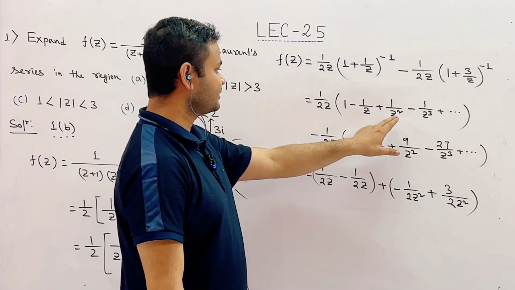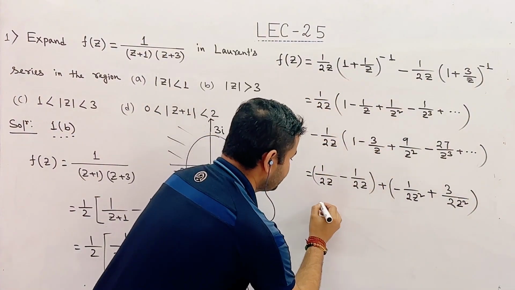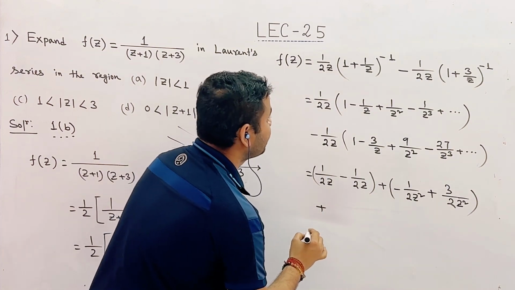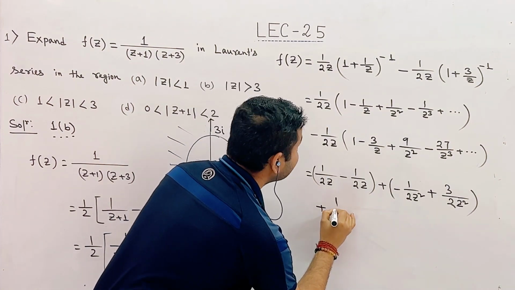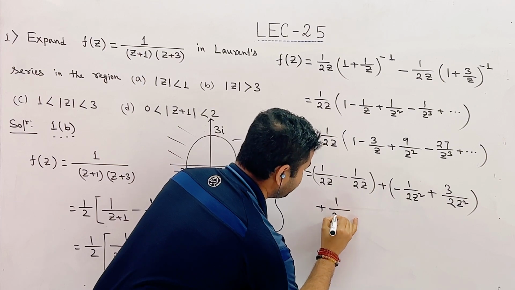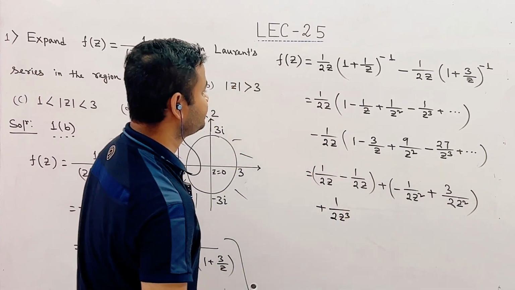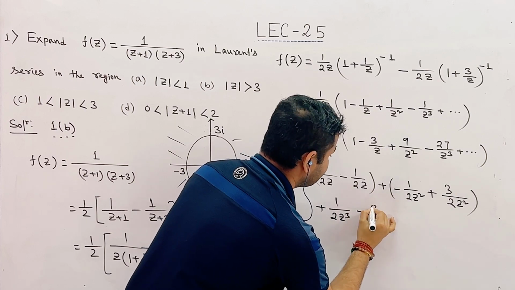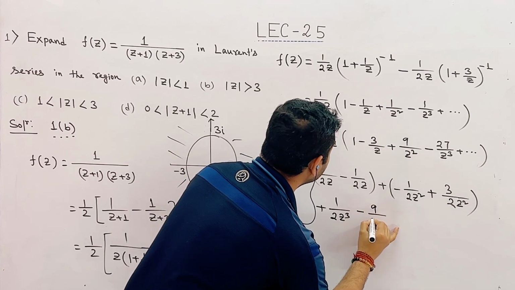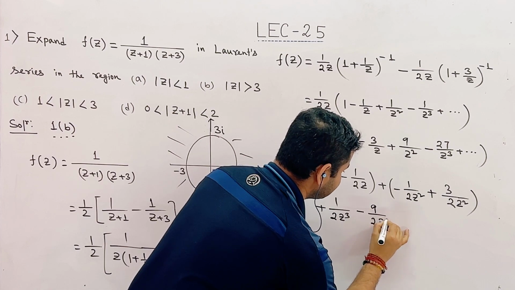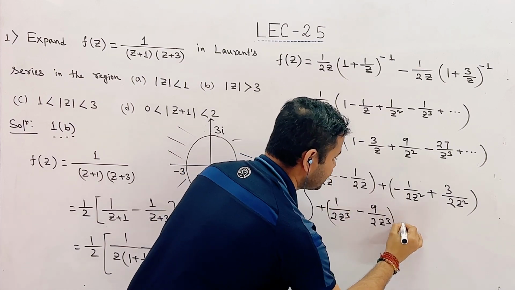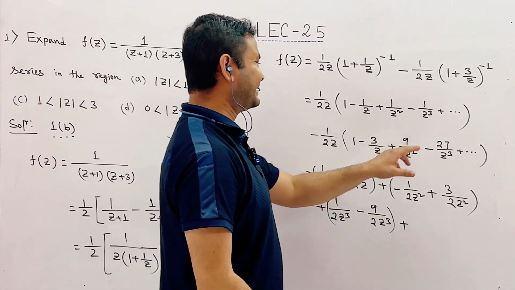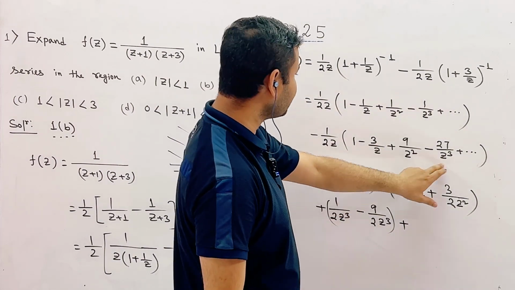Next, add this term and this term, plus 1 by twice z cube minus 9 by twice z cube, plus, again let us add this term and this term.